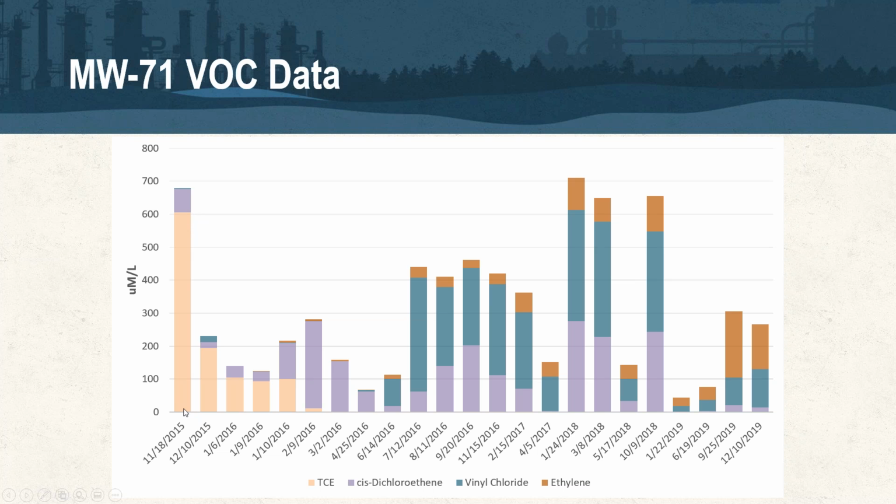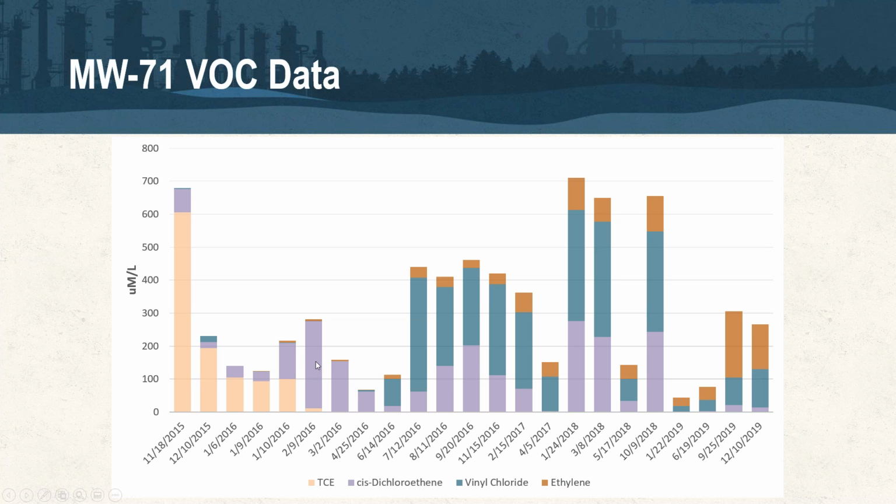And we're talking about 2015, so this project's been in the ground for quite a while now. I don't have any 2020 data currently, but you can see more of a classic ERD response relative to what you would see on a BOSS 100 site, where we see our TCE dropping down.